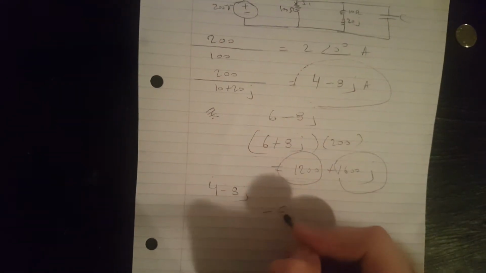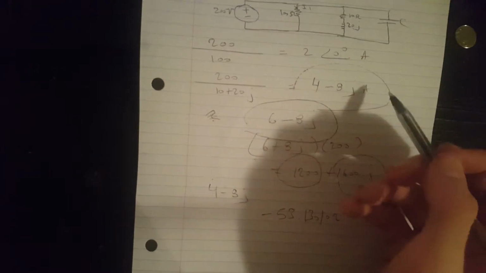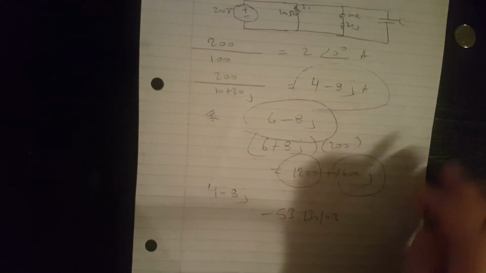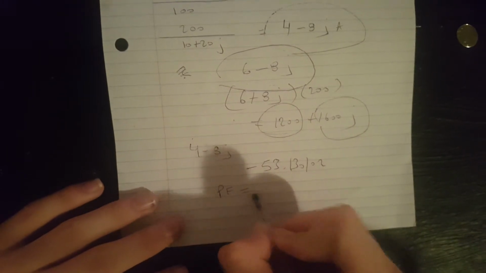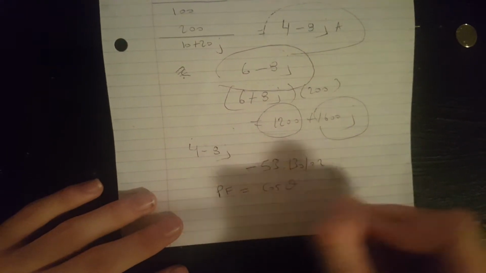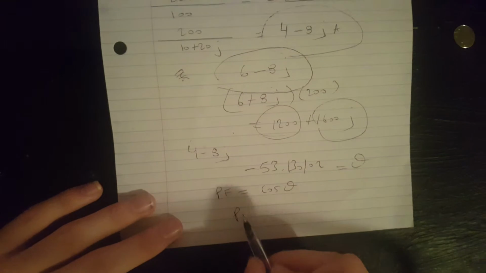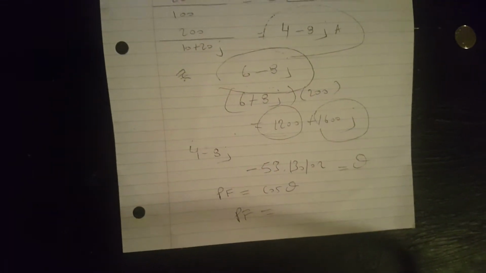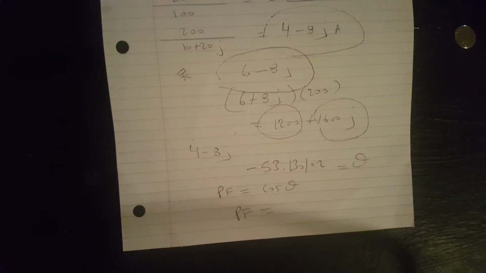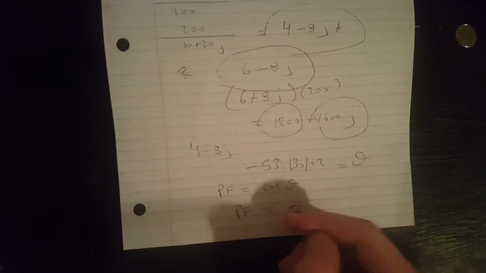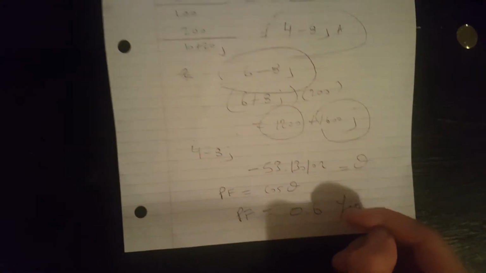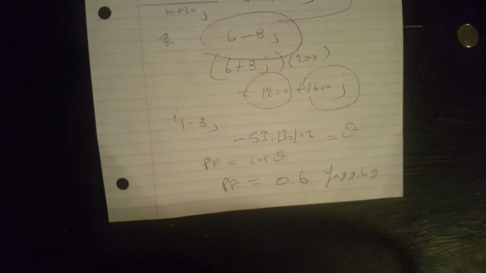So it's going to be minus 53.13 degrees, because 6 minus 8J is the total, right? So if I want to find the power factor, it is defined as cosine of theta. This is theta. So the power factor is going to be what? Cosine of this. Cosine of 53.13 is about 0.6, lagging. Why is it lagging? Because of this negative sign here. Yeah?